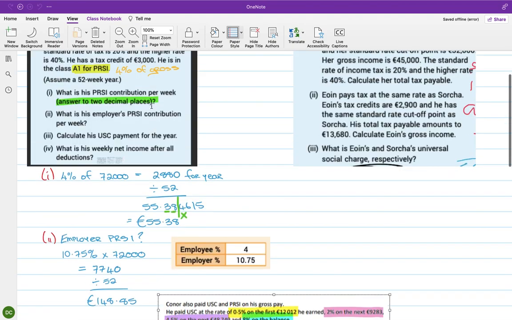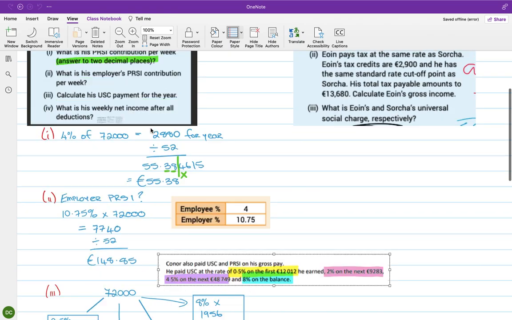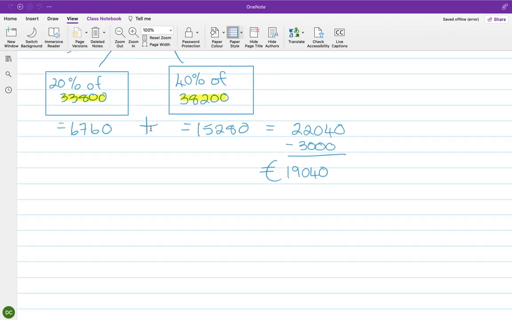There's a tax credit, 3 grand. So we need to minus that off. So that is 19,040. And again, that is for the year. So I'm going to need to divide that by 52. So rounding, it's 366.15 a week.